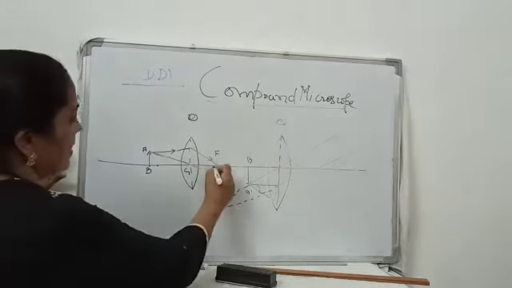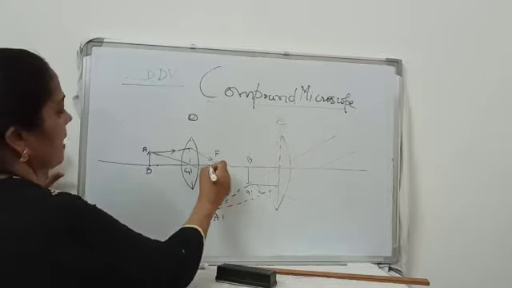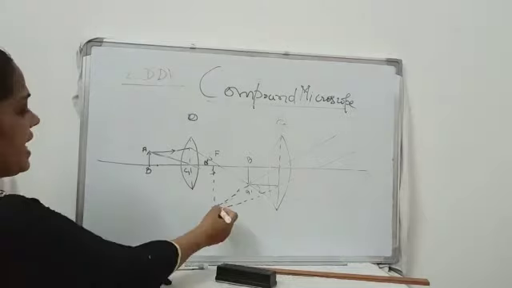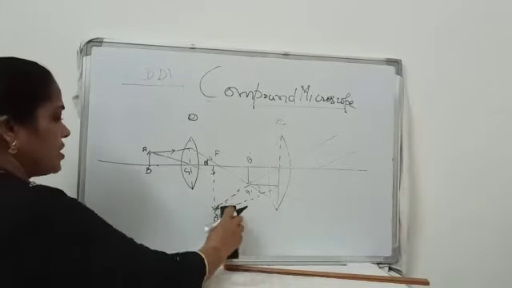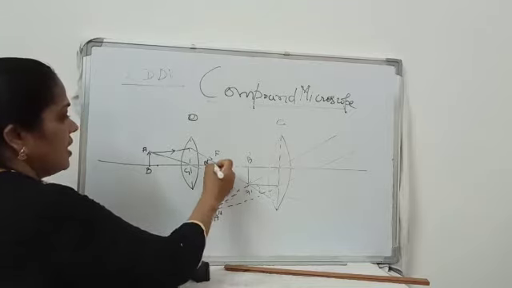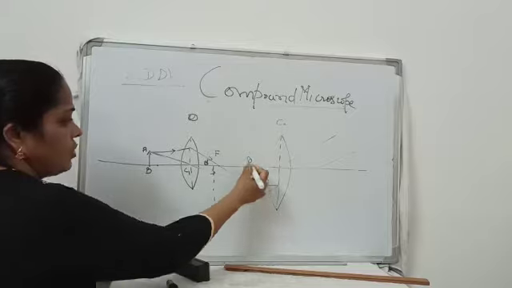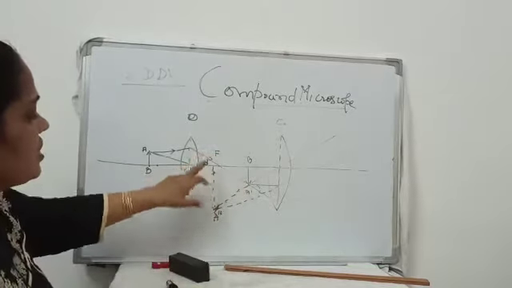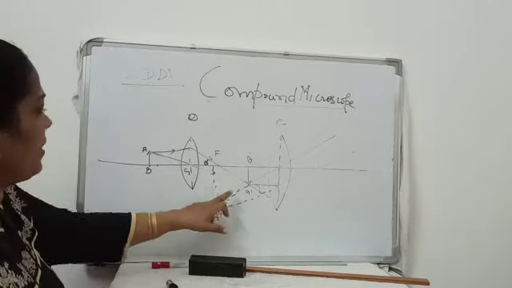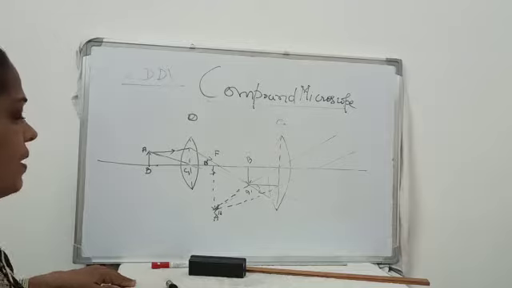So this will be the virtual enlarged image of A dash B dash, A double dash B double dash is the virtual enlarged image of AB. With respect to A dash B dash, it is erect. But with respect to AB, the object, it is inverted.